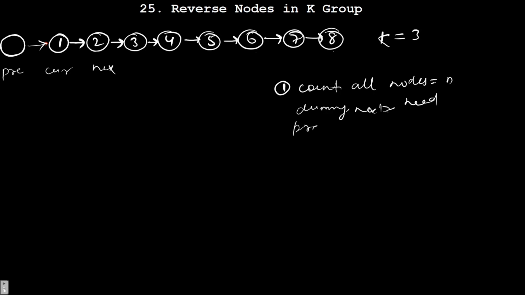Pre, at the beginning it will be dummy, we will be updating this later on, and next equal to dummy, and cur is also dummy. Okay, so then after that we will be running a for loop.